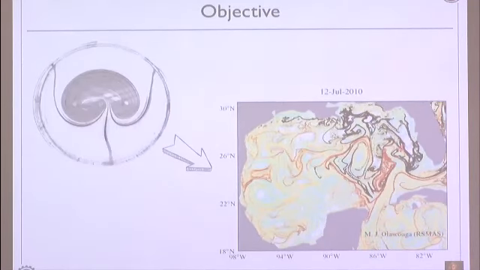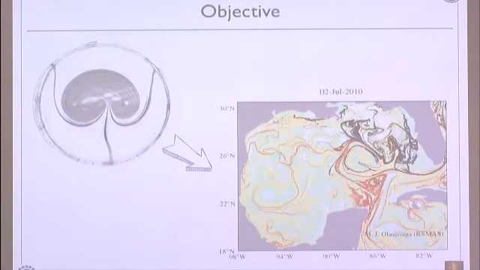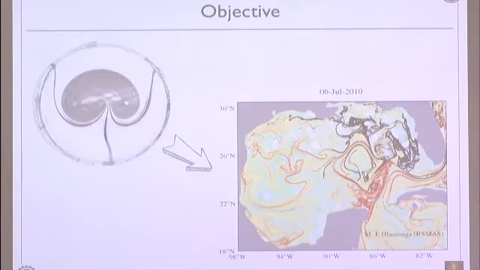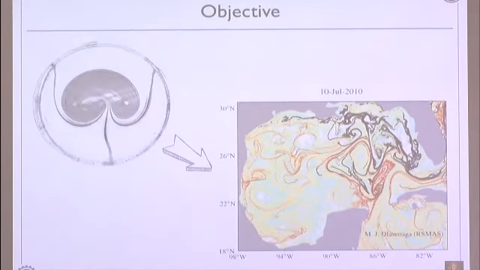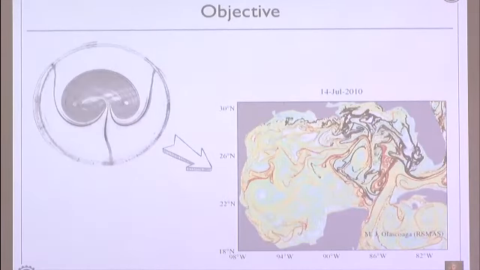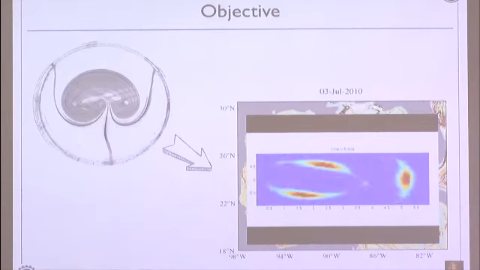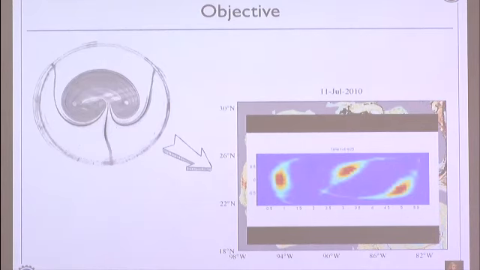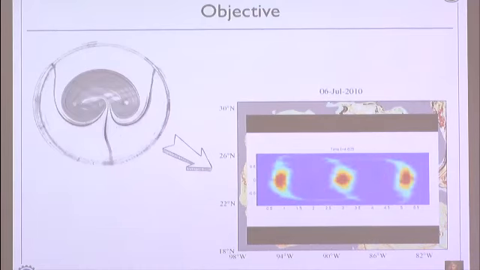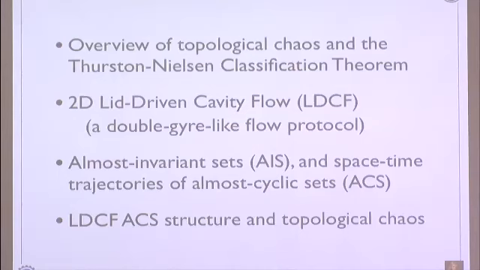So this is a simulation of the oil spill off the Gulf of Mexico that I snagged from Maria off the web. I'm not going to go quite that far. I'm going to instead look at lid-driven cavity flow, where there are no stirring rods inside the flow, but by imposing velocities on the boundaries, we can look at a stirring inside. So what this is actually showing you right here is much of what I'm going to tell you today.